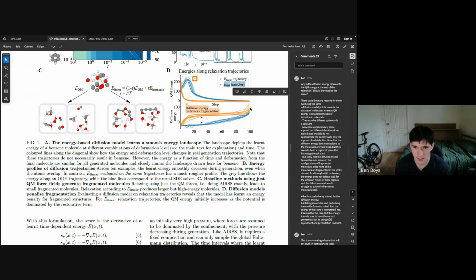Well, because the quantum mechanical trajectories produce physical molecules. Yes, they are physical, but no, they're not in the data set. This large data set that's used to train this diffusion model doesn't contain any basic molecules, or contains very few relative to the larger, more interesting molecules.